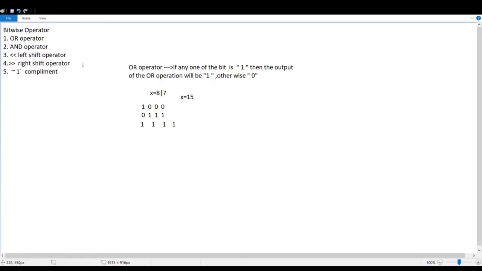Now, what is the AND operator? We will see the AND operator now.